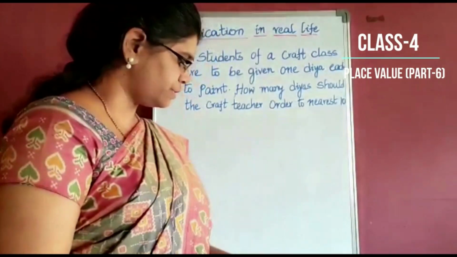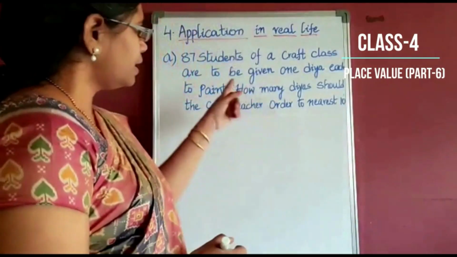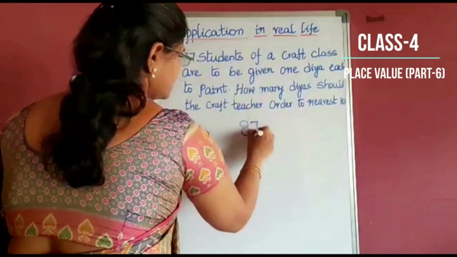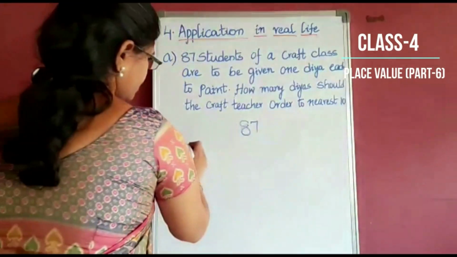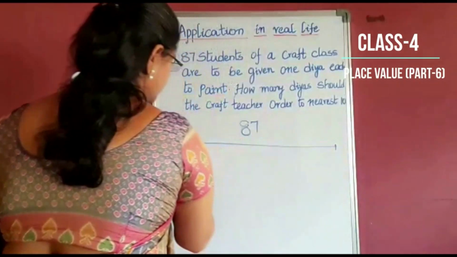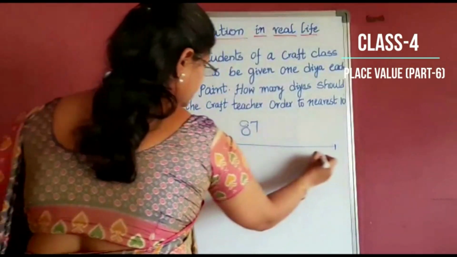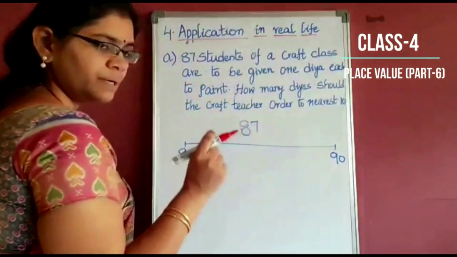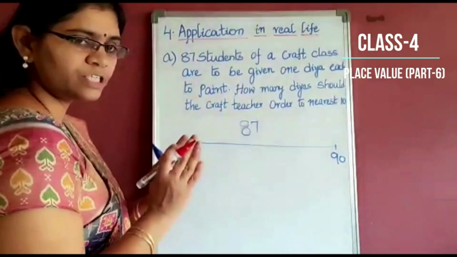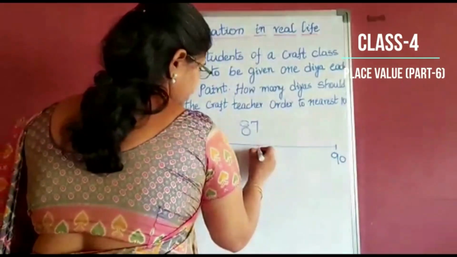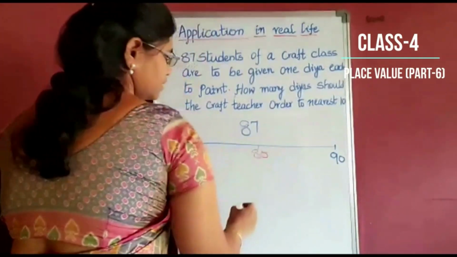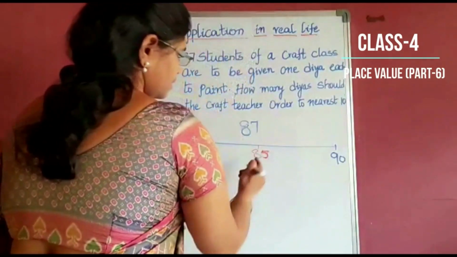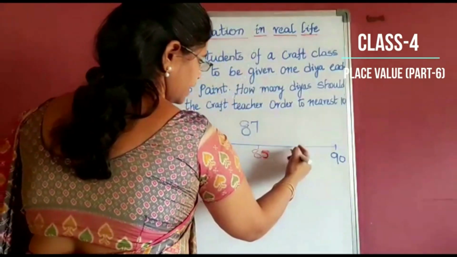Now let us solve it children. As there are 87 students, let us round off this. 87 is in between 80 and 90. Now what is the exact middle number for 80 and 90? Which number comes in the middle? 85. Now where does your 87 come? 85, then 86, 87.